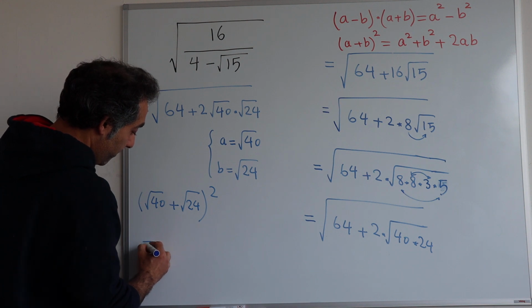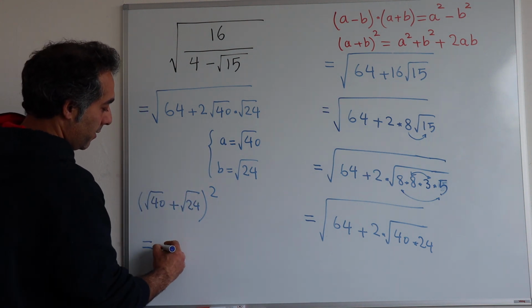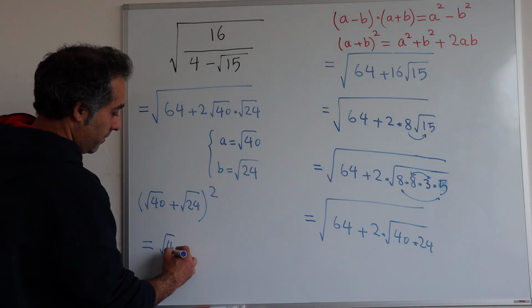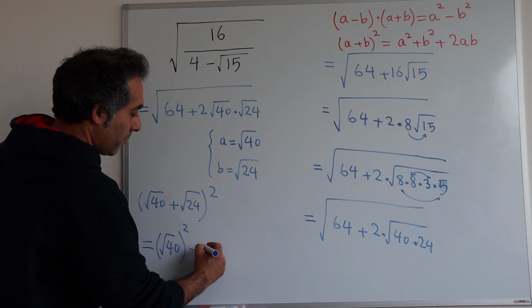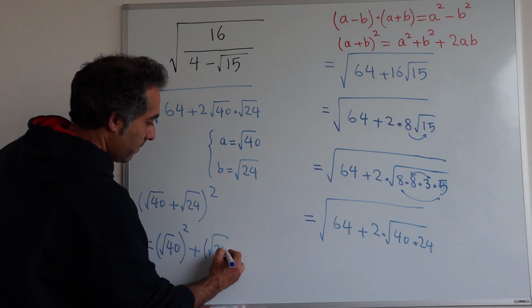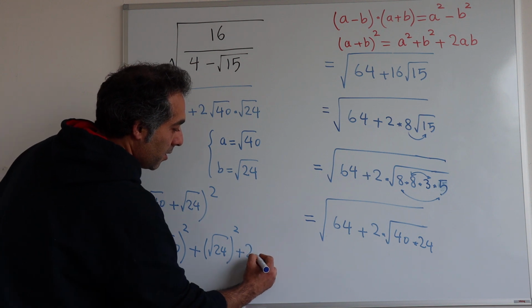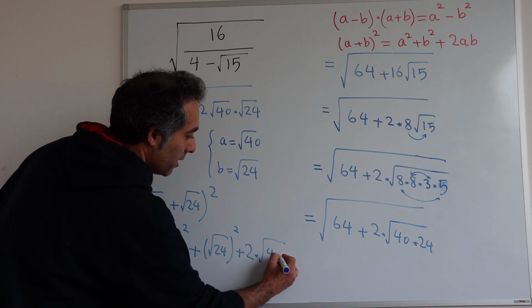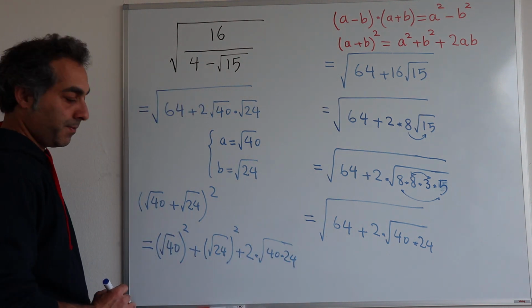squared, which is the first one squared, the second one squared, and 2 times 40 times 24.